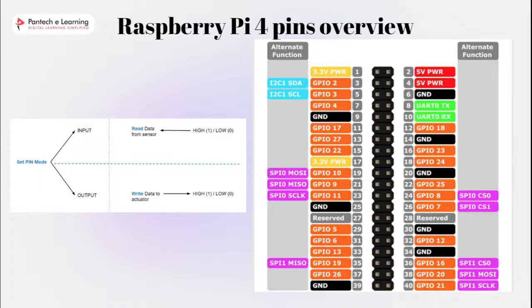So now let's see how the other 26 GPIOs are used for communication purposes, right? GPIO is nothing but general purpose input output. Basically, it's one pin you can use to write data to an external component, which is output, or you can read data from an external component, which is input. If you embed your Raspberry Pi board with some hardware components, the GPIO header becomes quite useful.